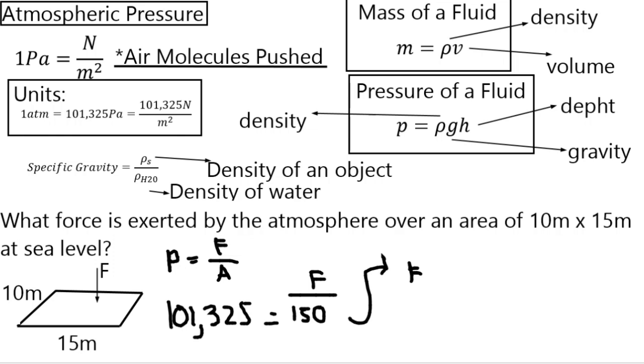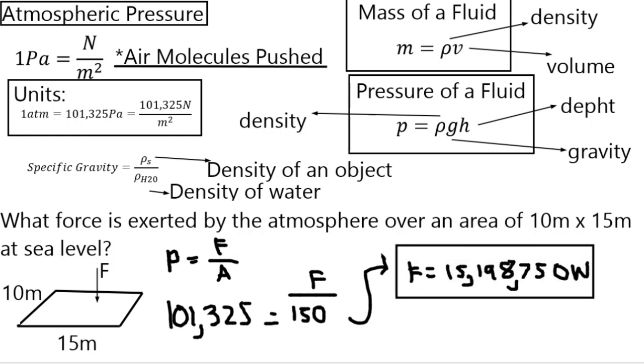Now we're just going to cross multiply this. So the force exerted by the atmosphere over this area is going to be 15,198,715 newtons. It's around 15 million. So it's a lot of force, right?